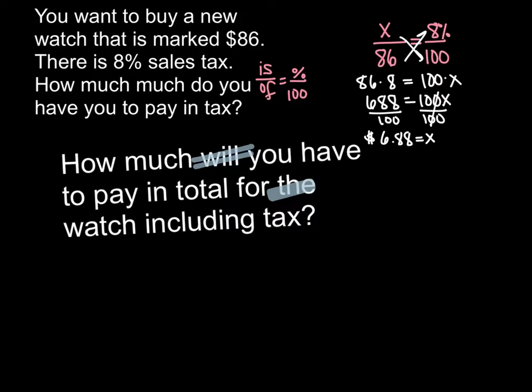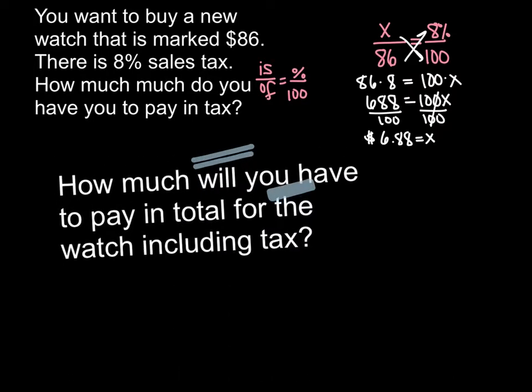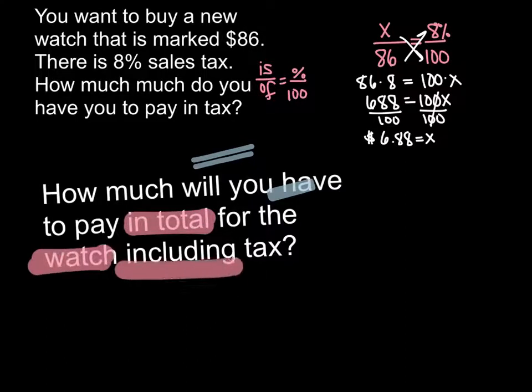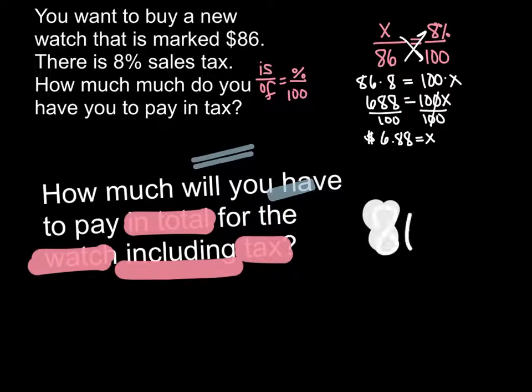Now the question says, how much will you pay in total for the watch, including tax? So if I look at those words carefully, in total for the watch, including tax, okay? All of those key words should indicate to you that we have to pay $86 plus $6.88.